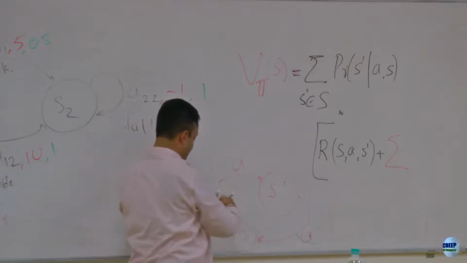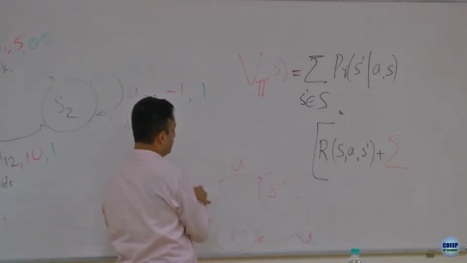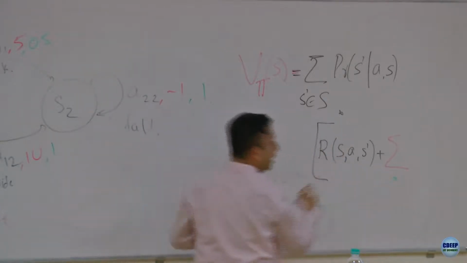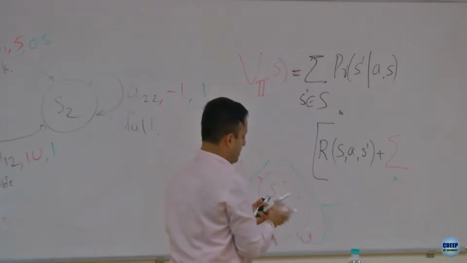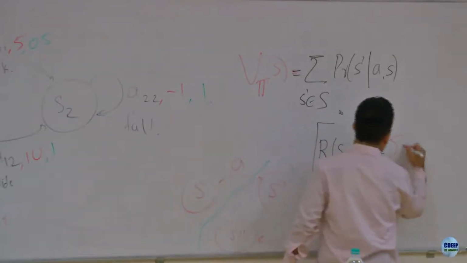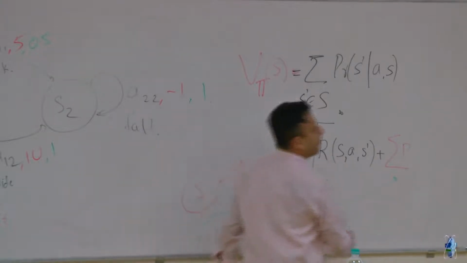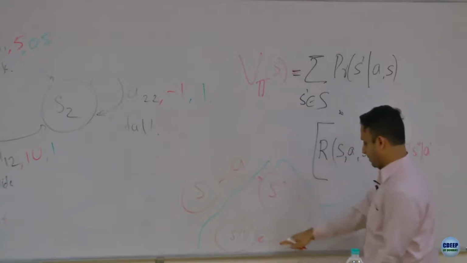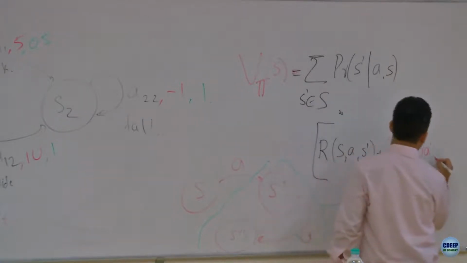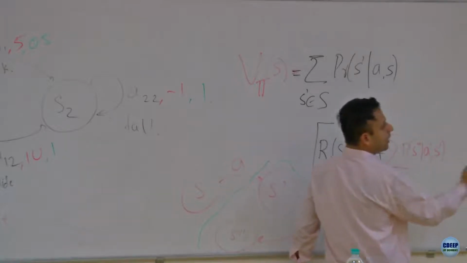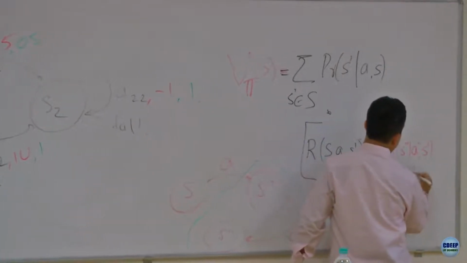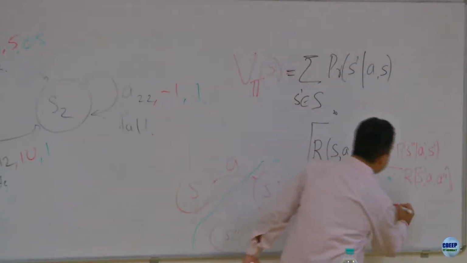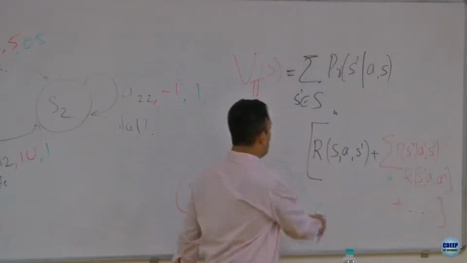So this part, the part that follows here, is written here in red, and that is the probability of going from S prime to S double prime under action A prime, comma S prime, into the reward of going from S prime using action A to S double prime, and so on. Okay, so this whole thing and so on.